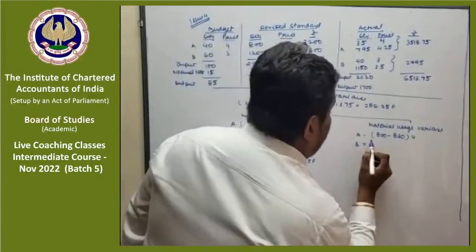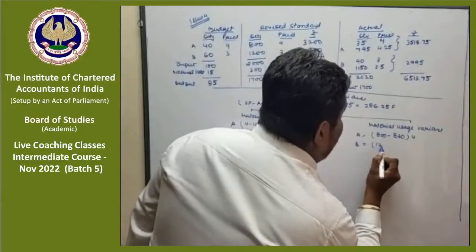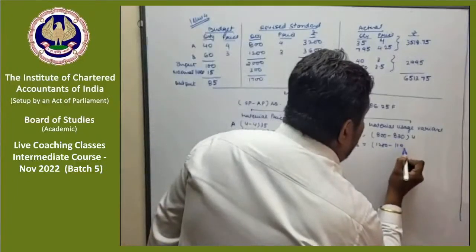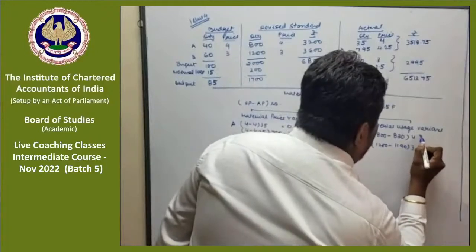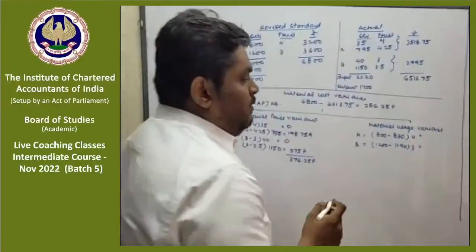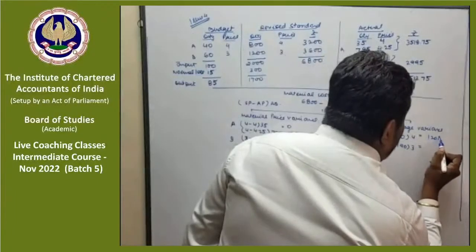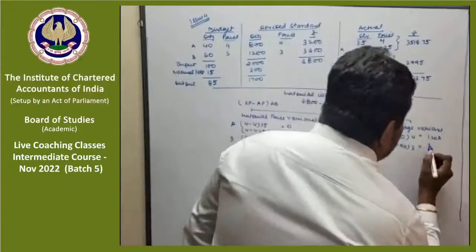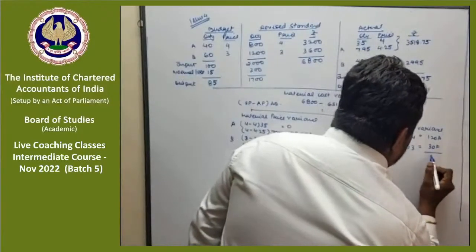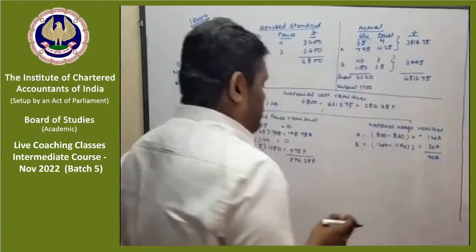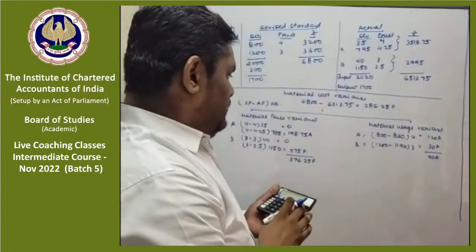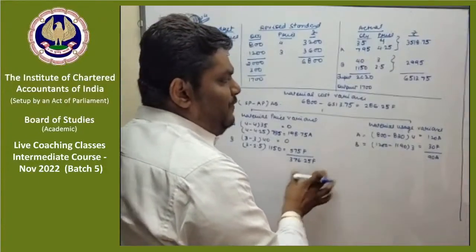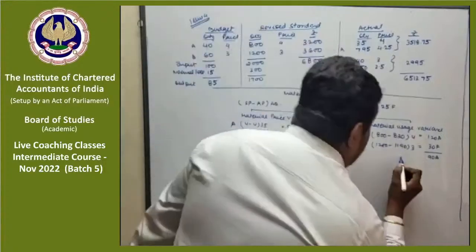Similarly for B, 1200 was supposed to be used and we actually used 1190 into 3. So this will be 120 adverse. This will be 30 favorable. So this will be 90 adverse. So the total of 90 adverse and 376.25 favorable will be 286.25.